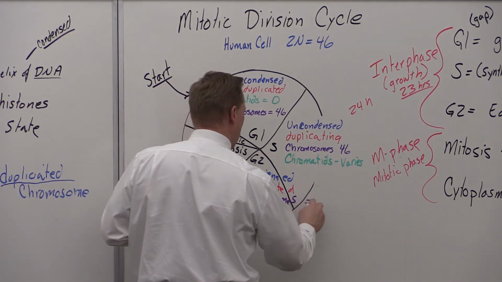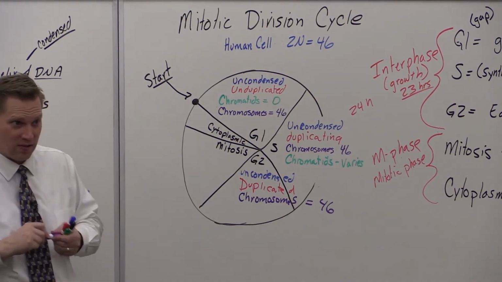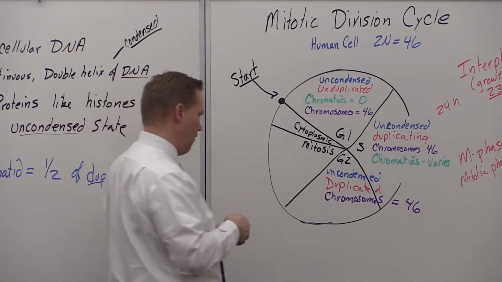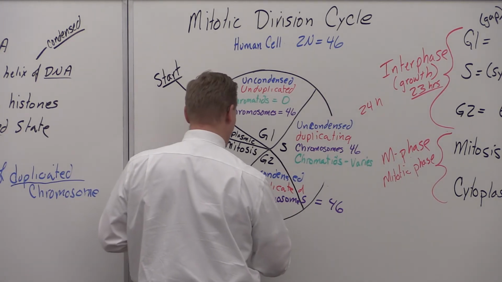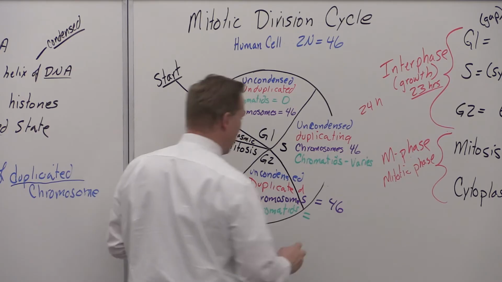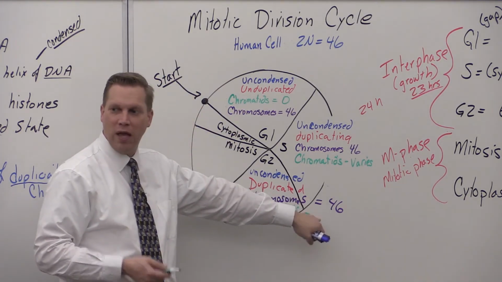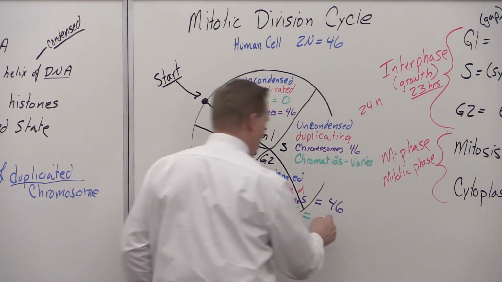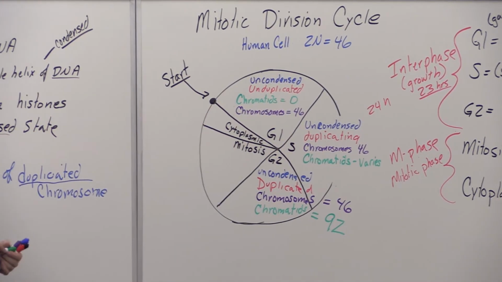So we actually have the same number of chromosomes as we did when we started the process. But the difference is those chromosomes are now all duplicated. So how many chromatids do we have? Well, for every duplicated chromosome, we have 2. So that means we have 92 chromatids at that point.